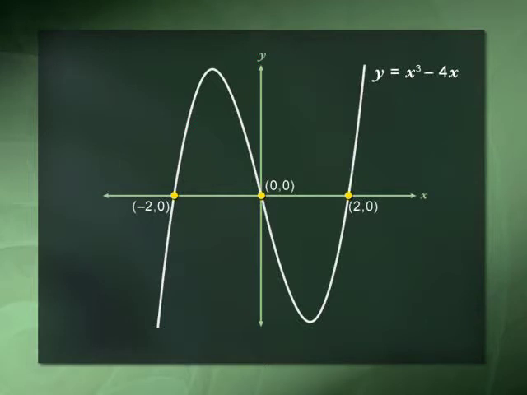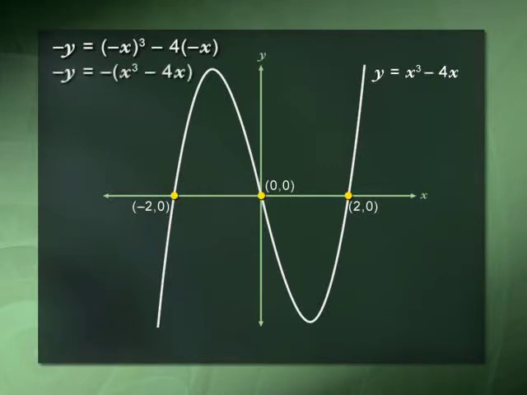So watch the algebra here. I take the equation and instead of y I put in minus y and instead of x I put in minus x. So I get minus y equals minus x cubed minus 4 times minus x. A lot of minus signs if you ask me. And then I can do some arithmetic here.